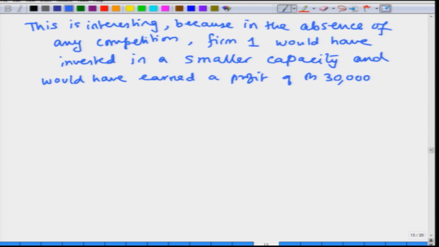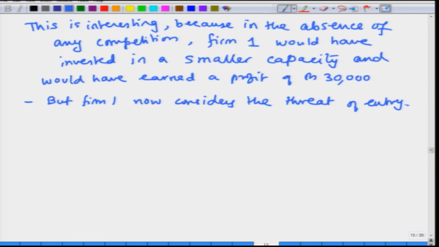But firm 1 now considers the threat of entry by firm 2.